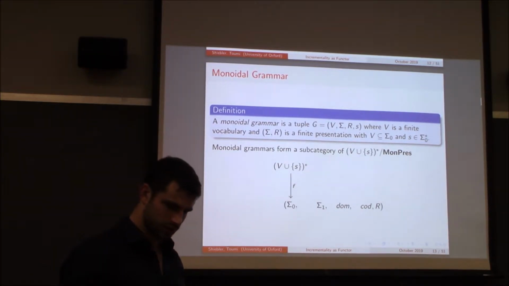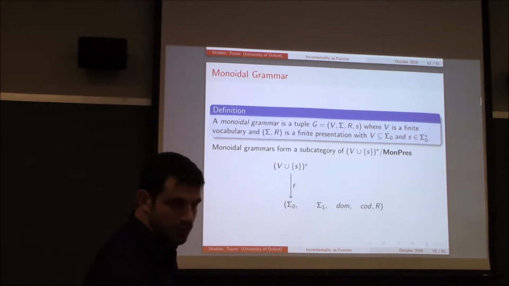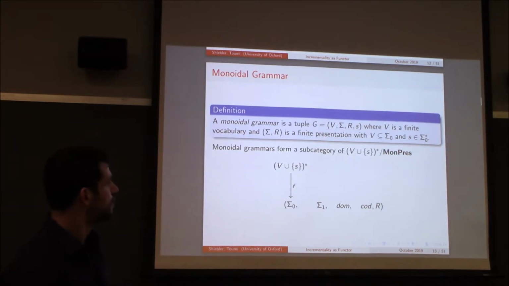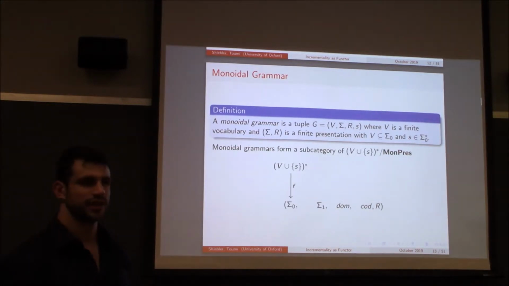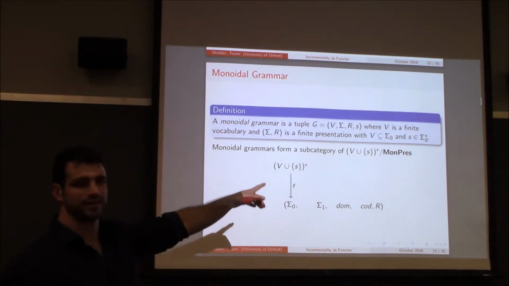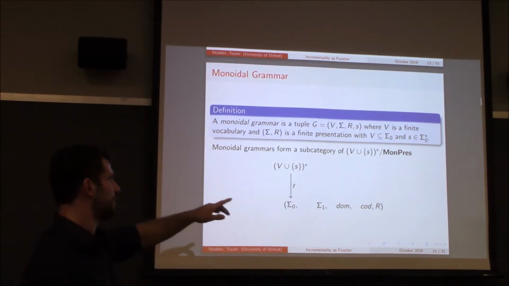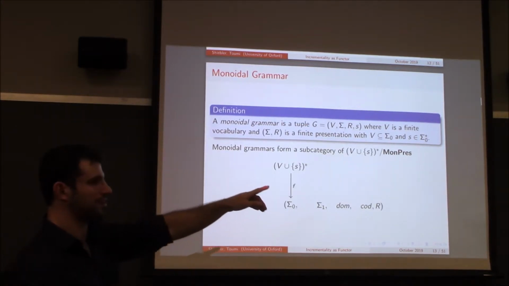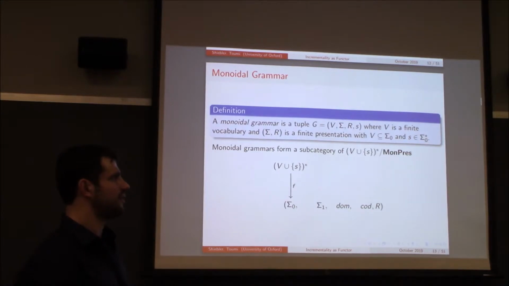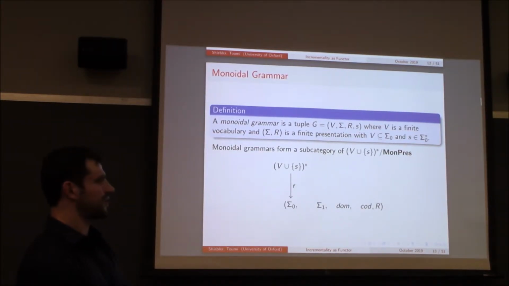Sorry, what did you say? What's missing from being a slice category? Oh, it is a subcategory of that slice category. Well, I guess it's not a slice category exactly. It's a good question.